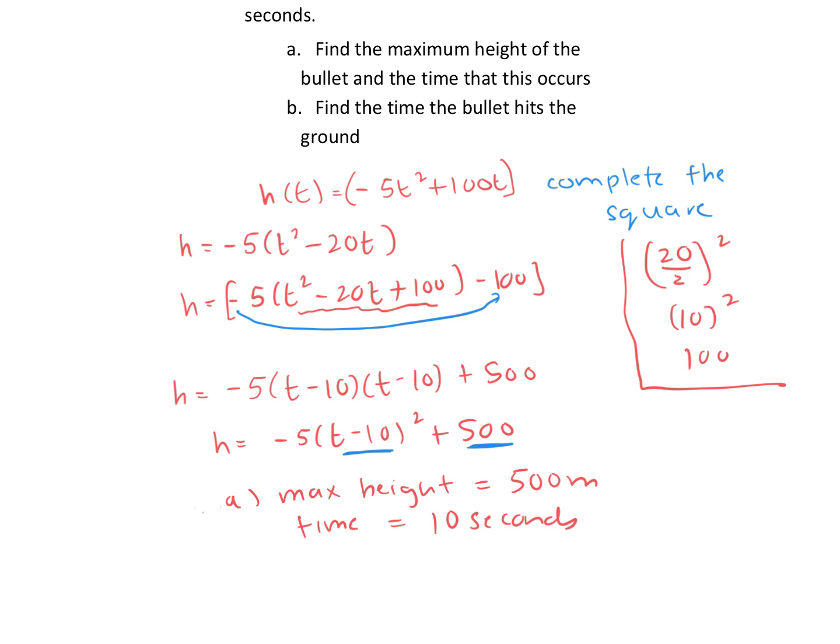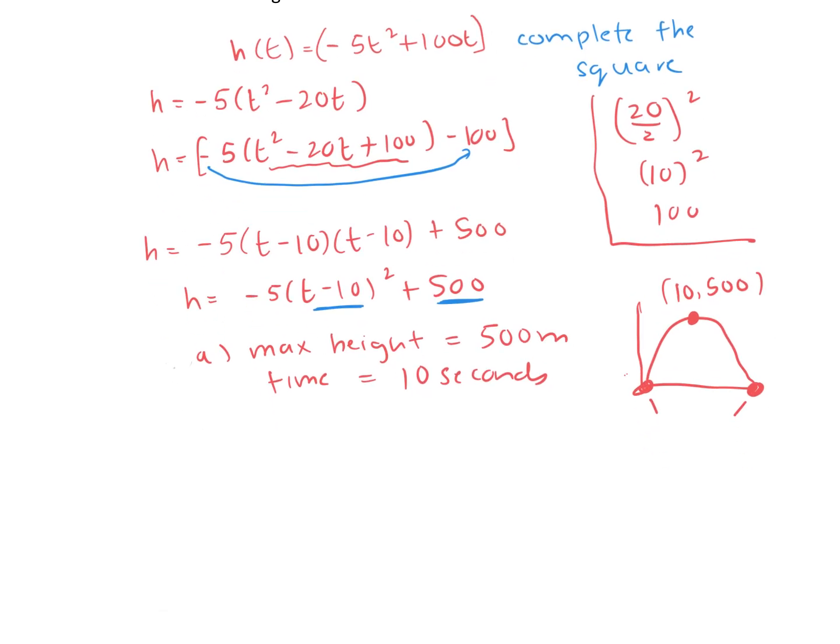You'll notice in B, it wants to know when the bullet hits the ground. So if you think of your quadratic, we've got this bullet coming up and down. We just found this maximum height by completing the square, putting it in vertex form. If you want to know where it hits the ground, you want to find these two values.